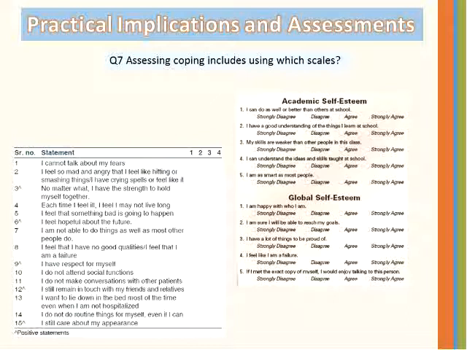For each item, respondents indicate the frequency with which they cope with difficulty, stress, or upsetting situations in the way specified in the item. And it can be on many different types of scales. Here it can be a Likert scale, which we can see over to the right-hand side, or it might be a question answer, it might be a yes/no, and so there are many different ways of assessing.